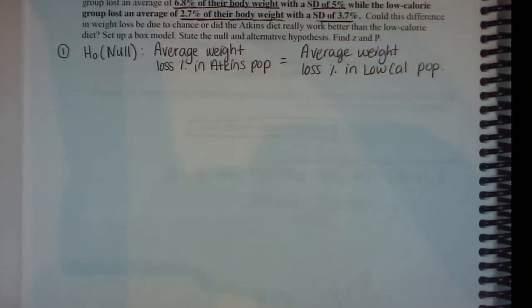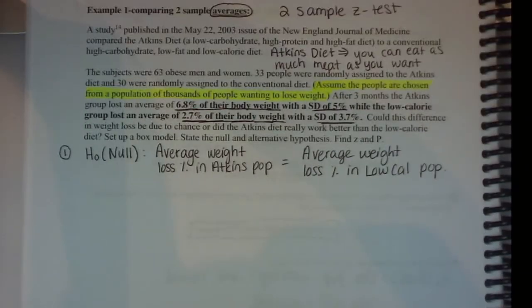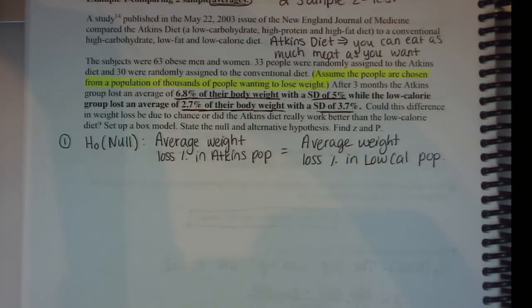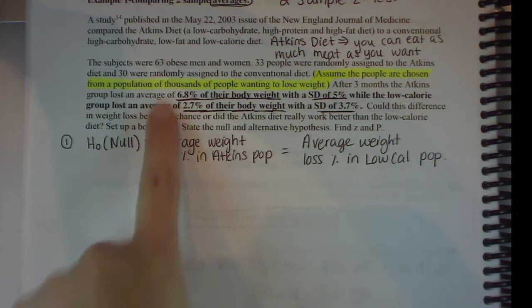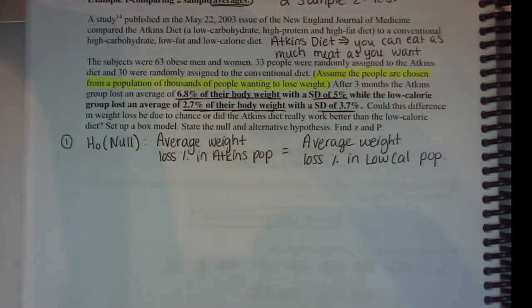So, sure, in our sample, we got that they were slightly different, but the null is saying that difference is just due to chance. The true averages are equal. So we're going to decide at the end, what's the probability we get that difference if there really is no difference? What's the probability we get that difference by chance?